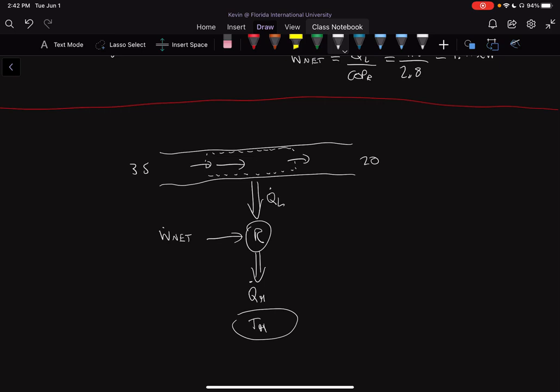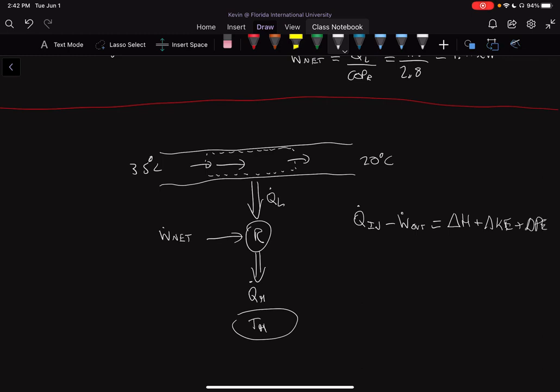Let's take the previous problem as an example. This is 35 degrees Celsius, but now it's air flowing through a duct. Now it's not really a problem of time anymore. So we can use our first law for open systems that says Q dot in minus work dot out is equal to delta H plus delta KE plus delta PE.